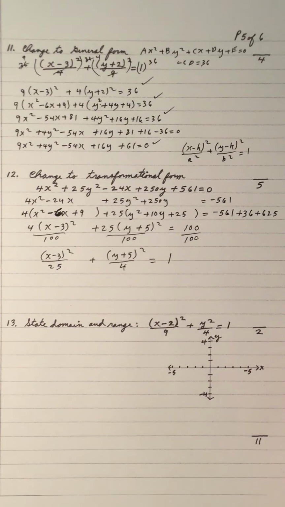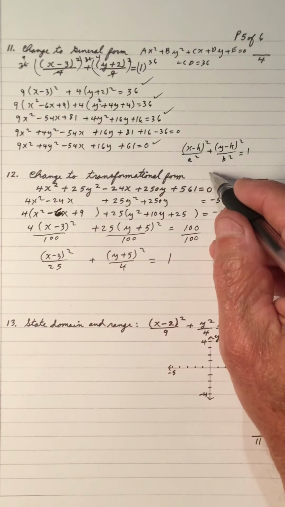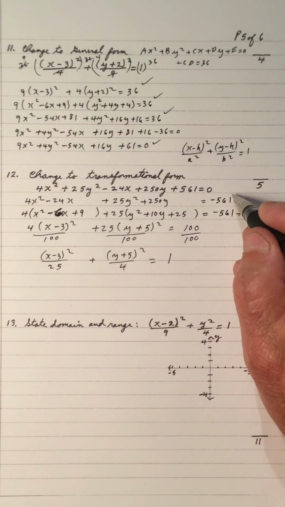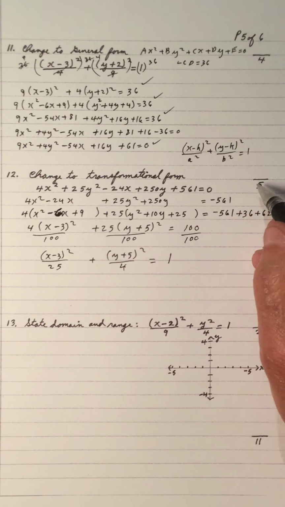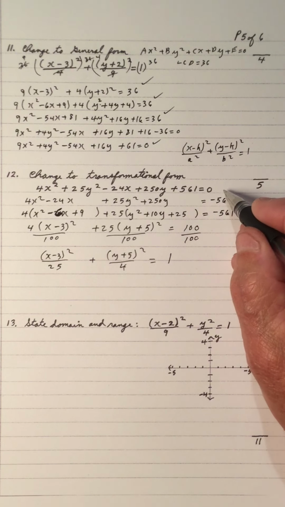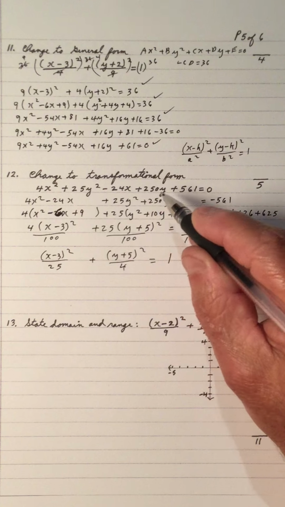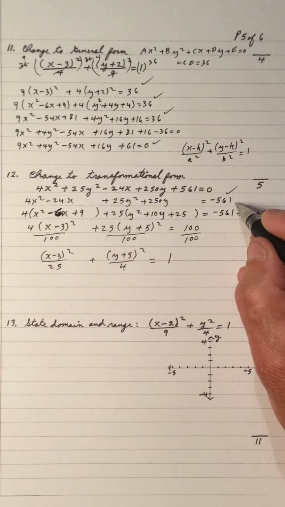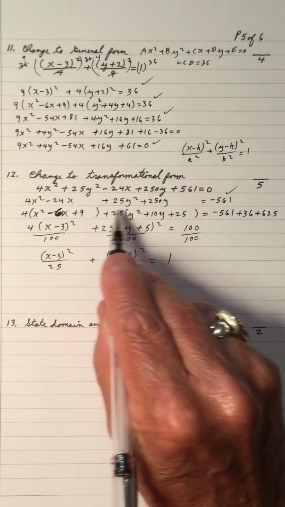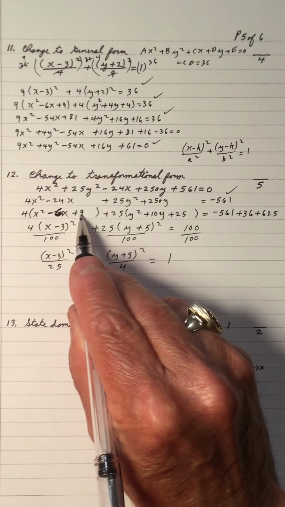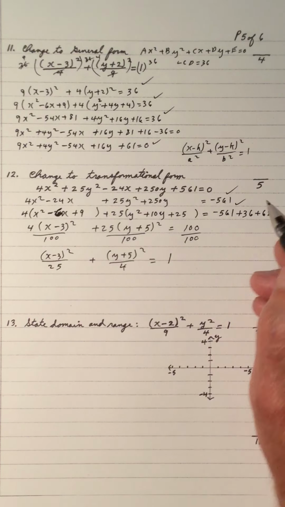Transformational form. So if you have this line right here in the grouping, give yourself, let's see, I got 5 marks. If you grouped them right here, and if you did complete the square here, you get a mark.